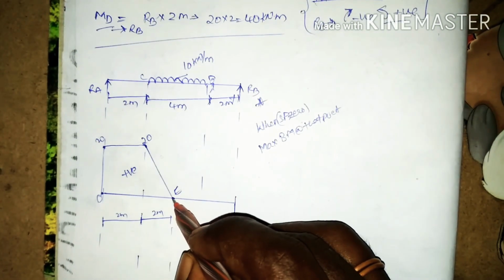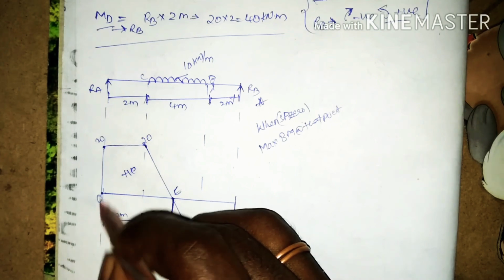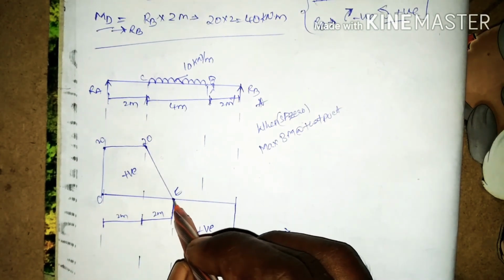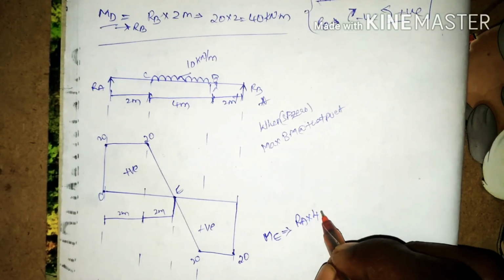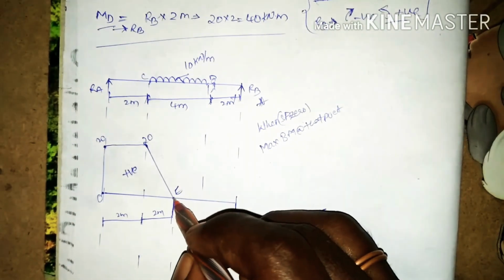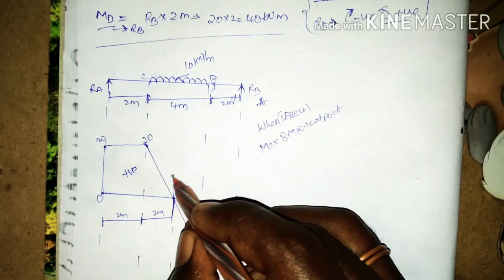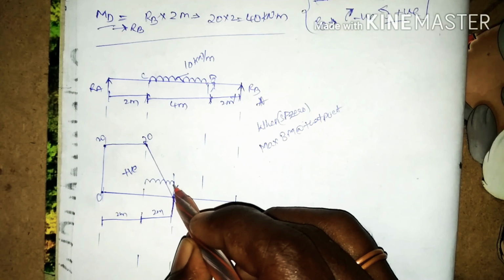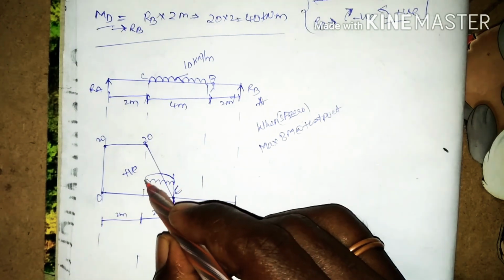Taking the moments up to E, RA into the distance of 4 meters, RA into 4 minus, I am going to include only this part of the UDL. We have a UDL here, but I am going to consider only this part.